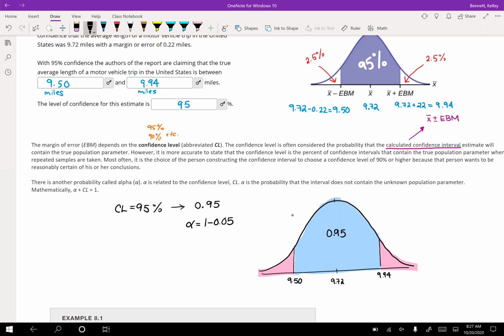When we compute our critical value for Z, we're computing a Z score, and we often just jump straight to alpha over 2. If you're wondering where alpha over 2 comes from, it's the fact that you're splitting up this 5%, or this 0.05, on each side.